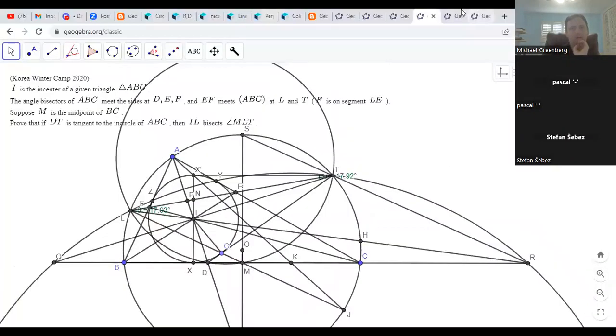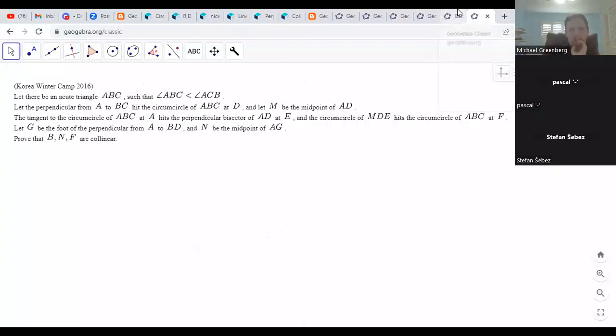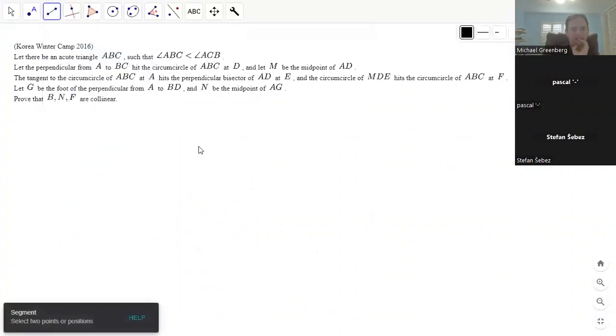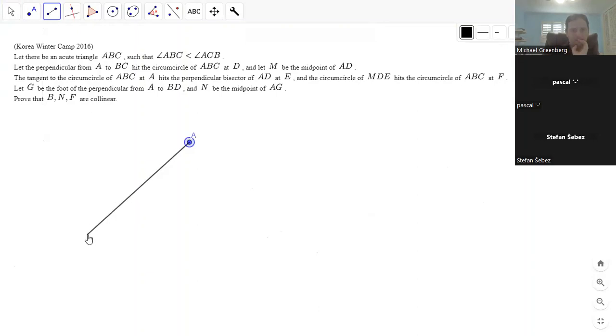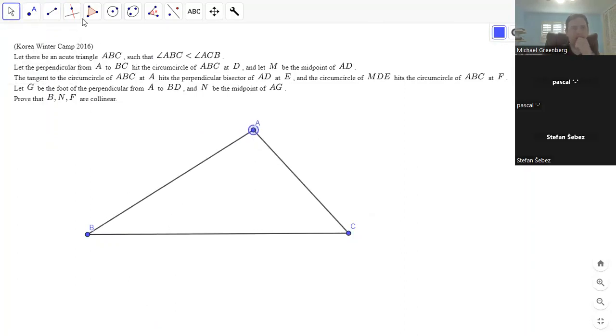Okay. So let's try something different. This one looks not too bad. Let's see. We have a triangle ABC, and we want angle ABC to be less than angle ACB.